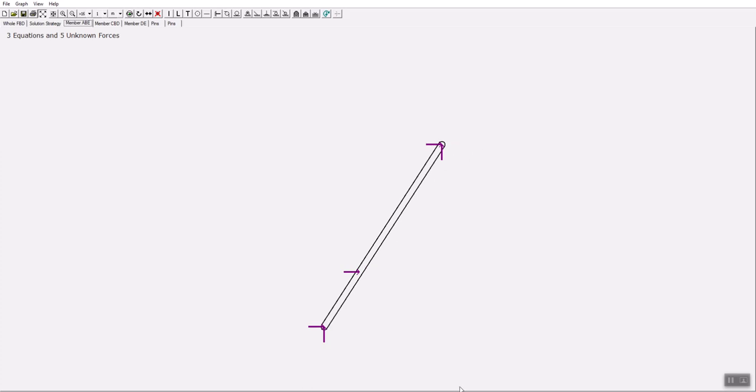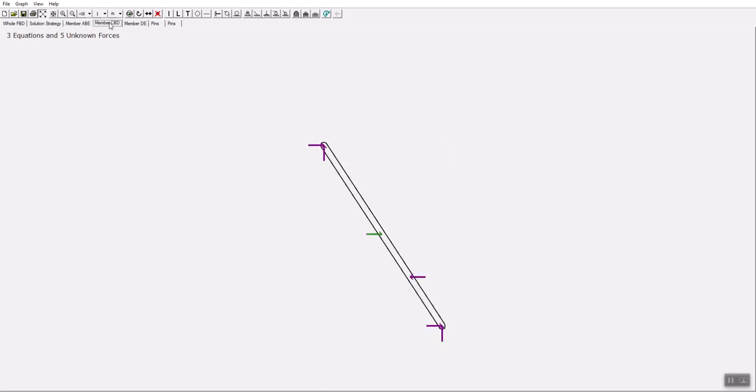So now how many forces do we have? 1, 2, 3, 4, 5, so 5 unknown forces and only 3 equations. How about the member on the right? We have again 3 equations and 5 unknown forces.